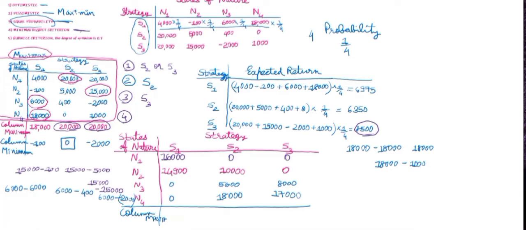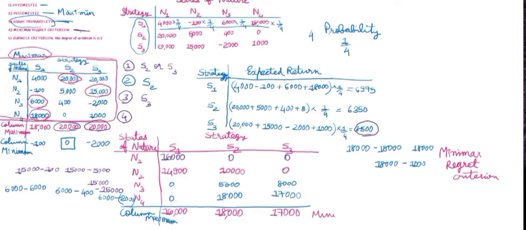So again for each of the columns you'll find the maximum value. The first column, in which the maximum value is 16,000. Then for the second column our maximum value is 18,000. And for the third column our maximum value is 17,000. From this also we'll find the minimum value, as we need to find the Minimax regret criterion.